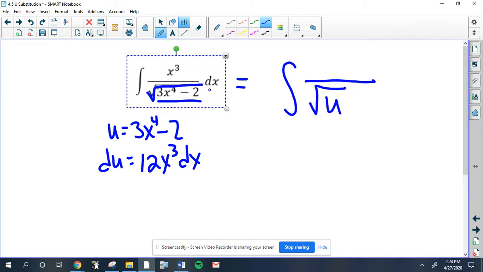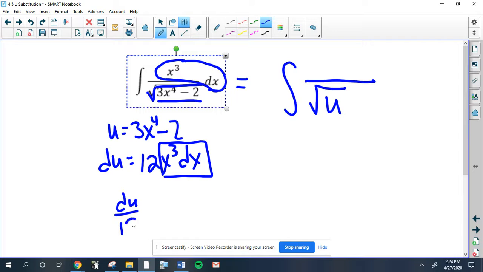See this dx and this x cubed? Look at them together. X cubed times dx is exactly equal to du over 12.